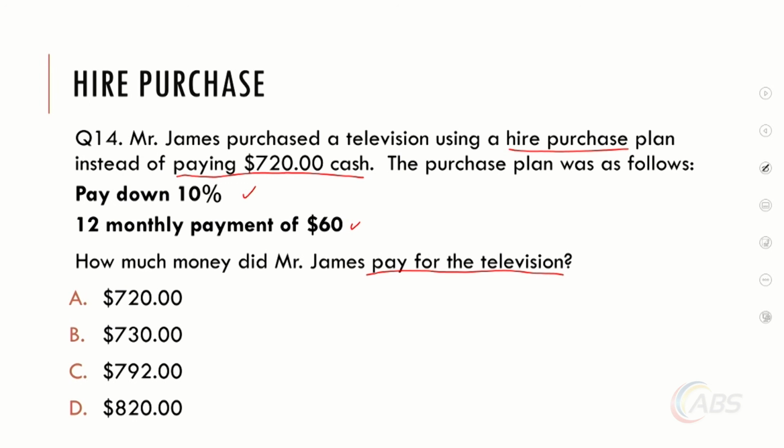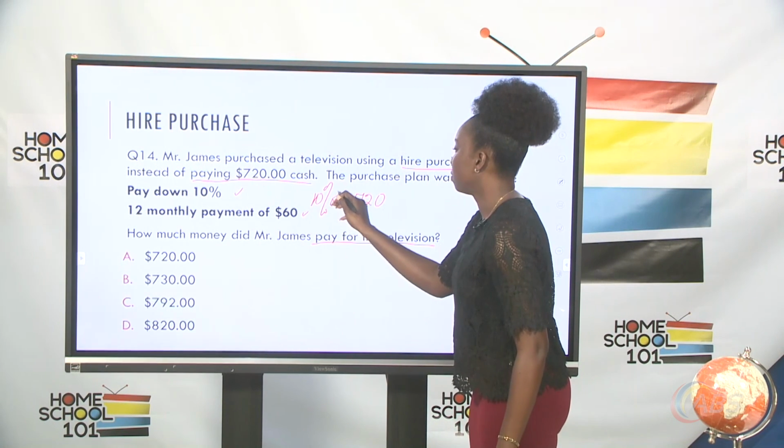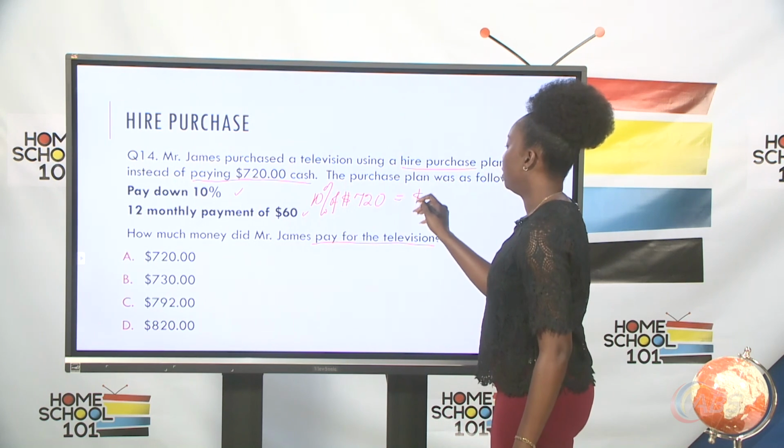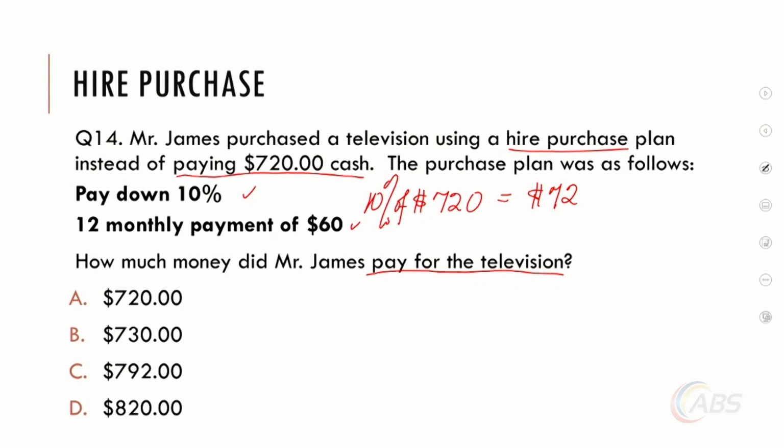So let's start with the down payment. You have $720, and we find 10%, and that's going to give us $72. Now that we have the 10% down payment, let's find out how much his monthly payments came up to.